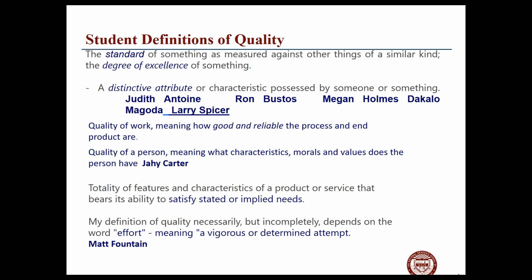When I was giving the examples with the houses, it changes because a group of people can get in a room and have different ideas about what a home is. So the distinct attribute was very important for me for quality. The second definition was, once you get that standard, how to measure upon that, which is high quality or low quality.